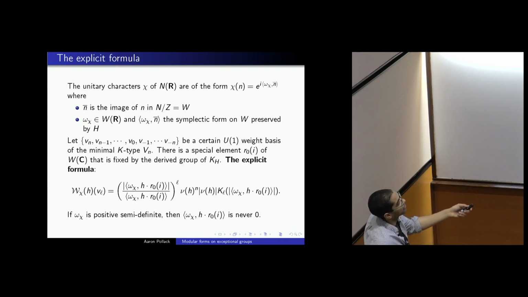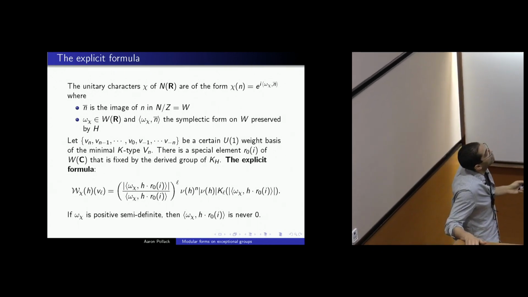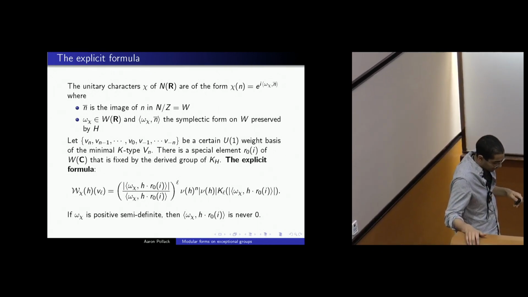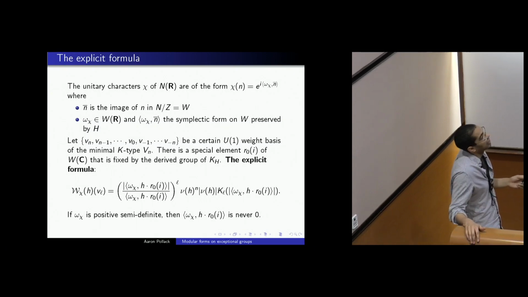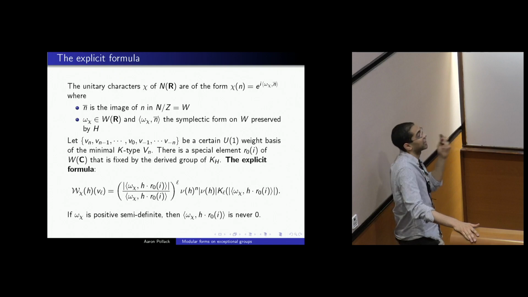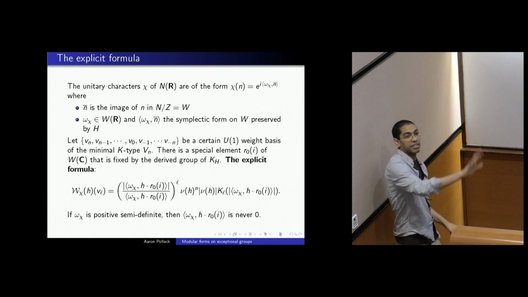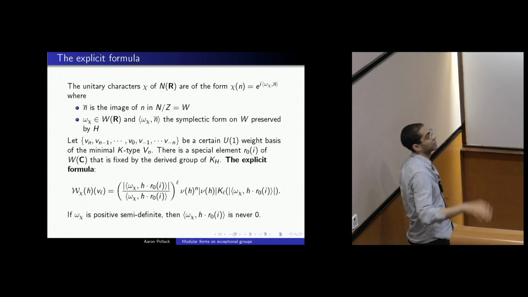And you've got some similitude factors, and some symplectic forms and absolute values. So just completely explicit. And I mentioned that the Hom space was at most one-dimensional, and it's zero-dimensional if this character doesn't satisfy some positive definite condition. The positive definite condition forces the thing that you're putting into the K-Bessel function to never be zero. The K-Bessel function diverges at 0, so it would be bad if you were putting 0 into it.